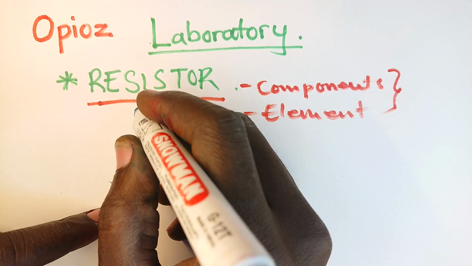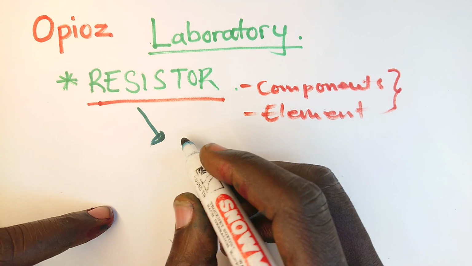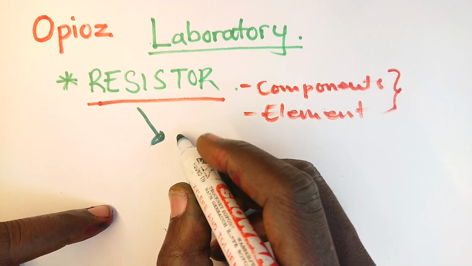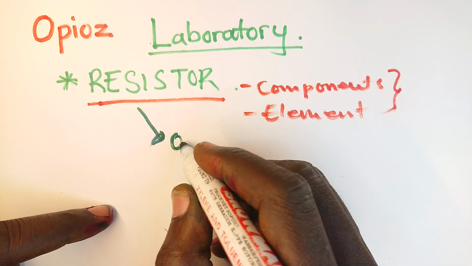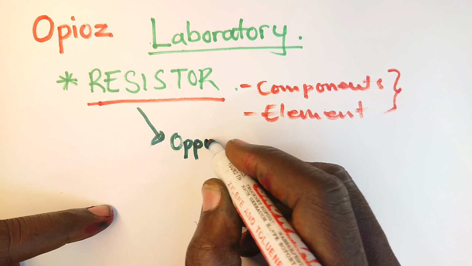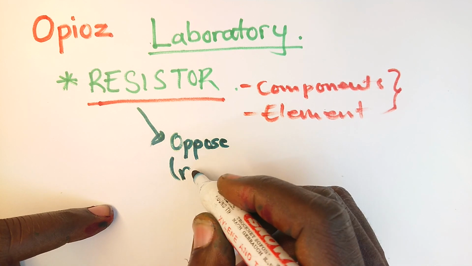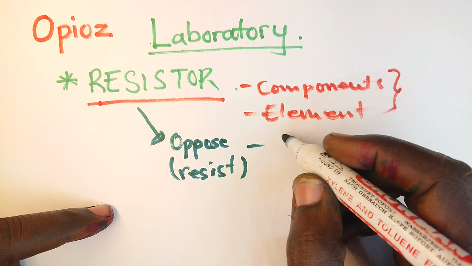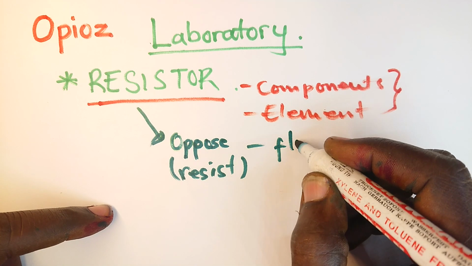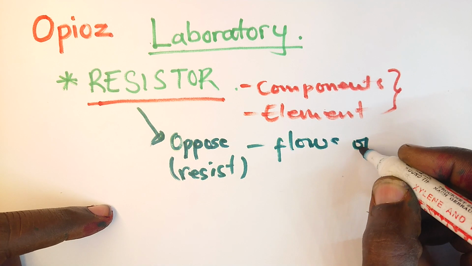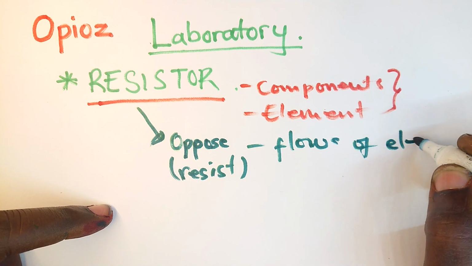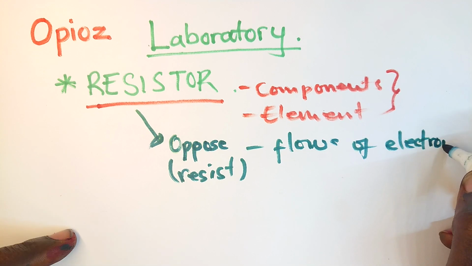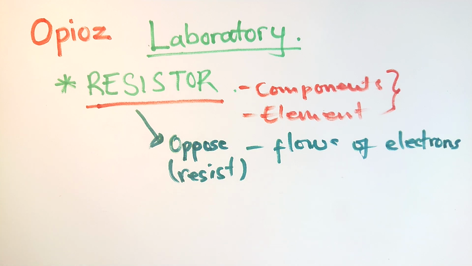These ones oppose or resist. To resist is like to try to prevent, so resists the flow of electrons. I'm going to use those words interchangeably: flow of electrons, flow of electricity.